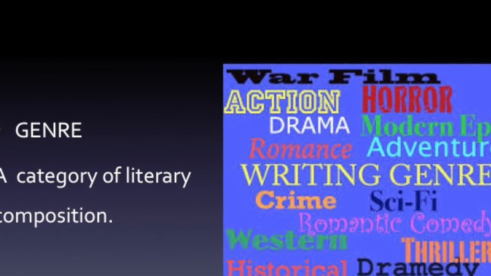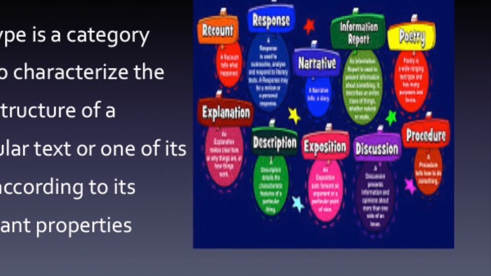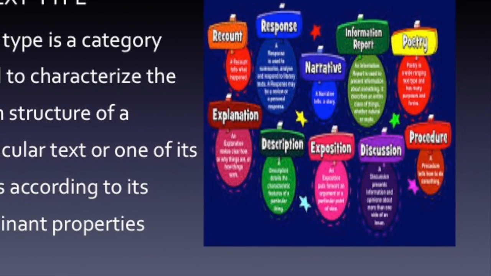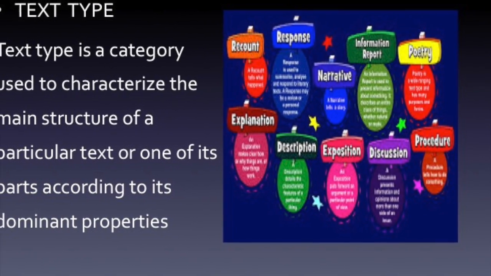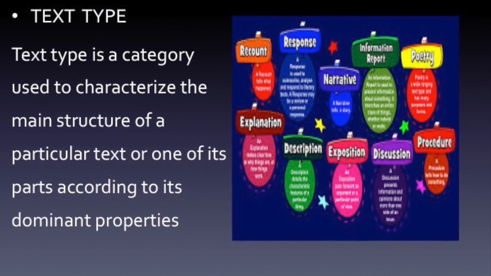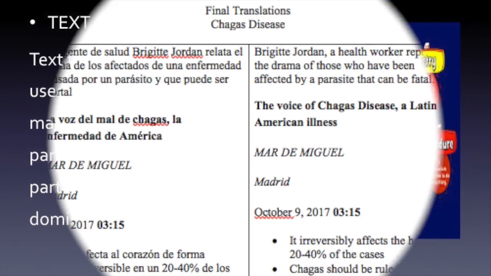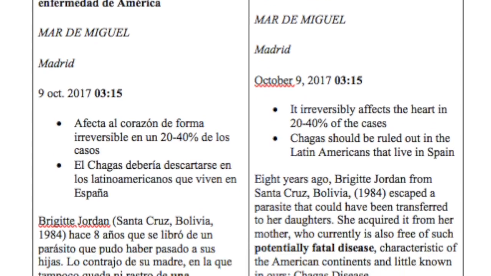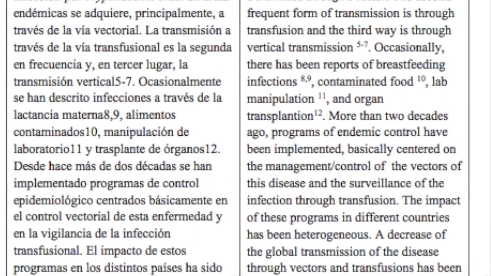Text type is the category used to characterize the text into a specific specialization. Once we are able to recognize these three features in the source text, we can produce a translation that's going to reflect exactly those same characteristics, and we will end up with a really good result that the client is going to be happy about.